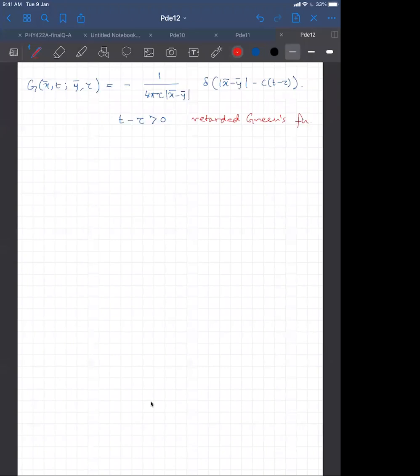Now you can use this Green's function to finally write down the solution to our problem.